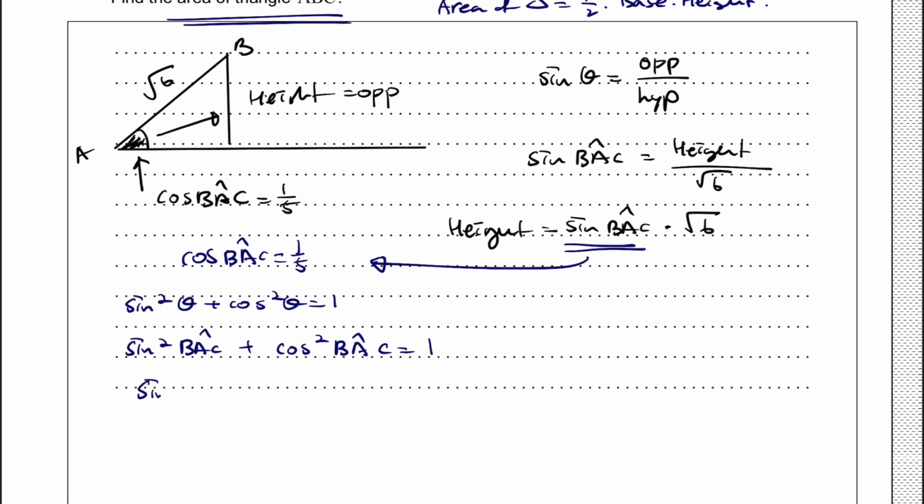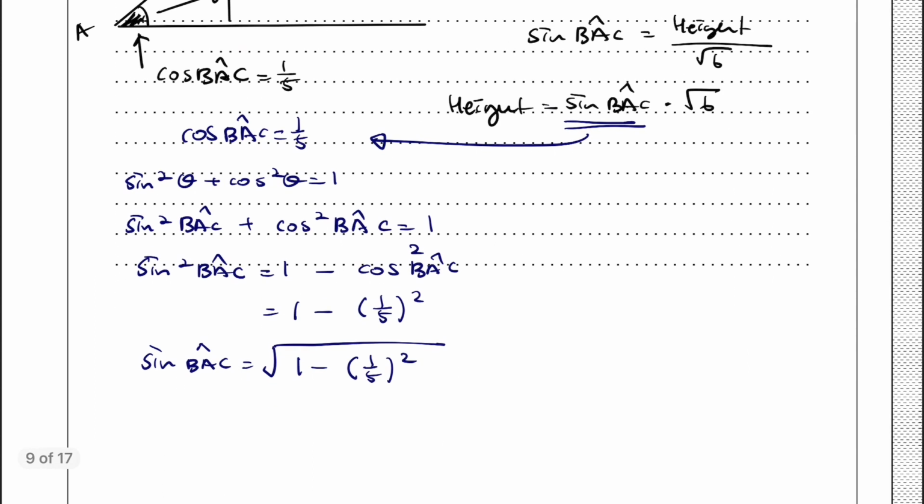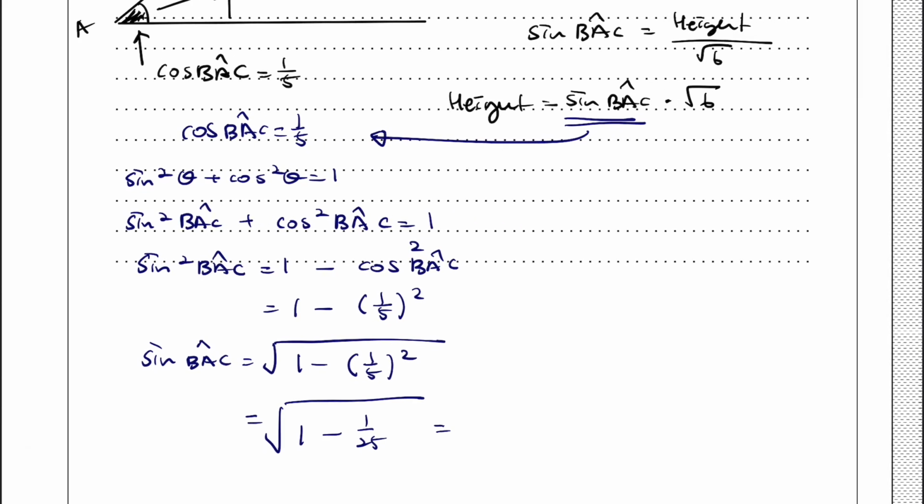Then sine squared BAC is the same as 1 minus cosine squared of angle BAC. Which is the same as 1 minus 1 over 5 squared. Then we can say that sine BAC is the same as the square root of 1 minus 1 over 5 squared. That means this is the same as 1 minus 1 over 25, which is the same as 24 over 25.